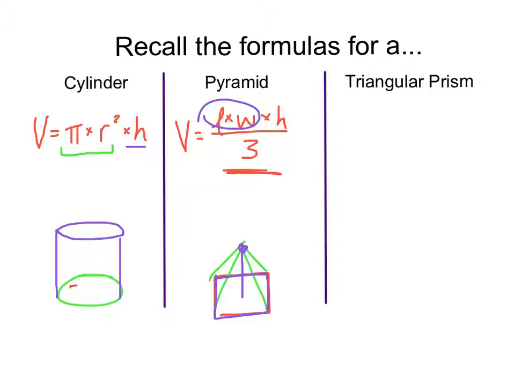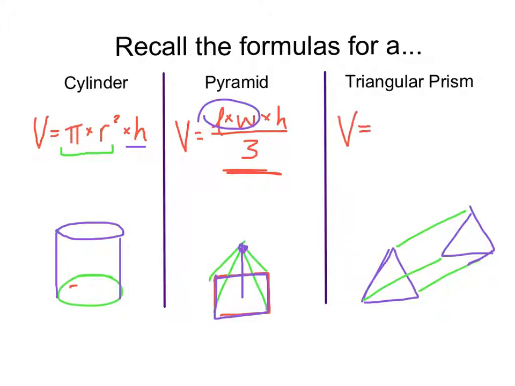Using what we just talked about, try to recall the triangular prism. Remember, in a triangular prism, we have those triangular ends that extend back in rectangular shapes. And so, the formula for the volume of a triangular prism, you can think about this a few ways, but I like to think of it as the triangle portion first.